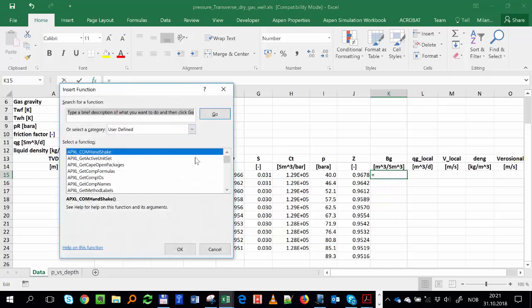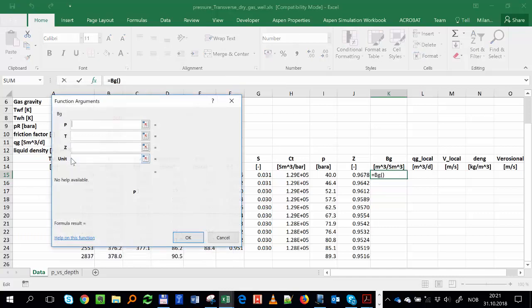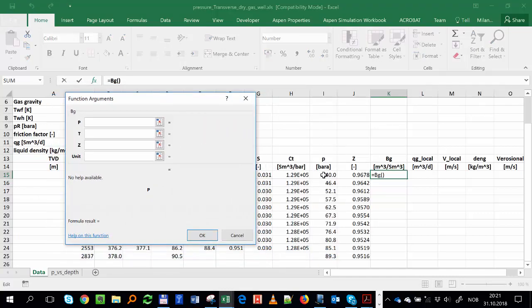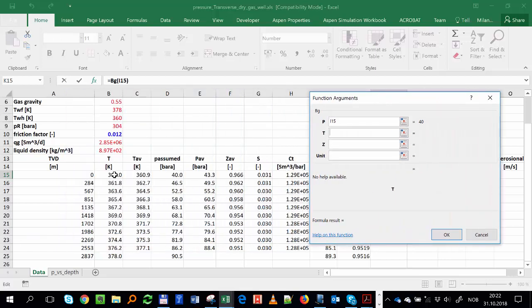So let's see, BG, it will be the pressure, it will be the temperature, not average, the temperature of the point, minus 273.15 to put it in Celsius.